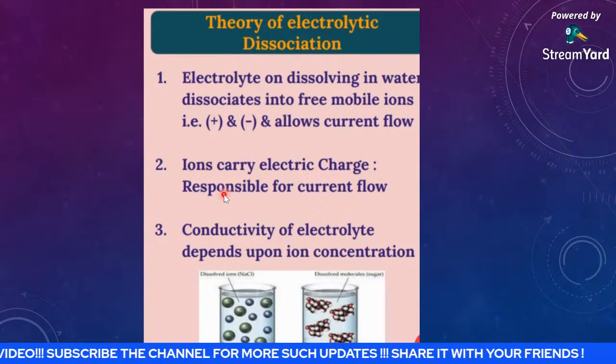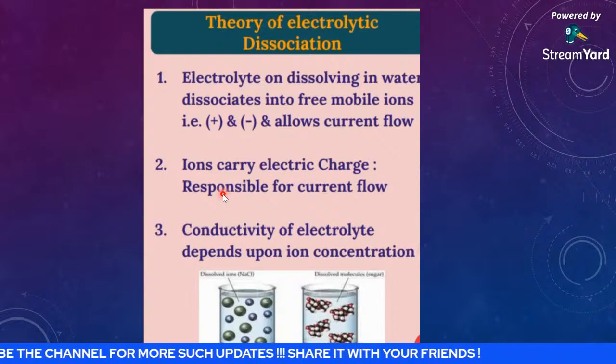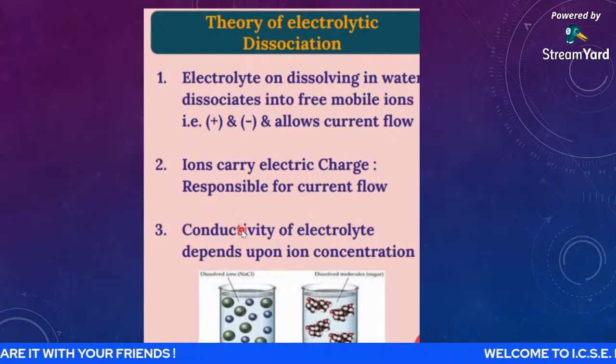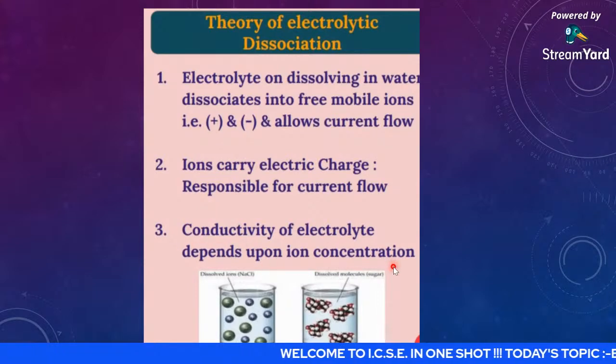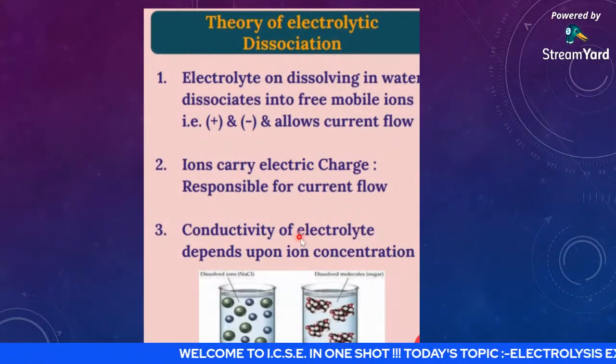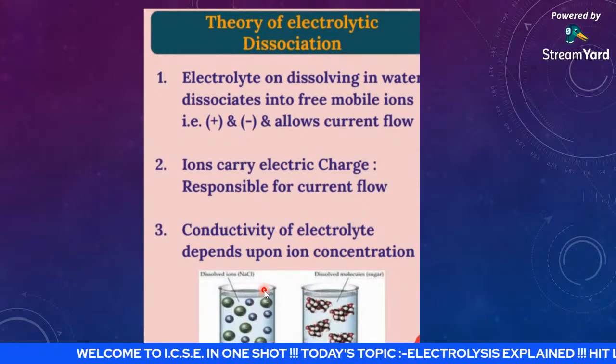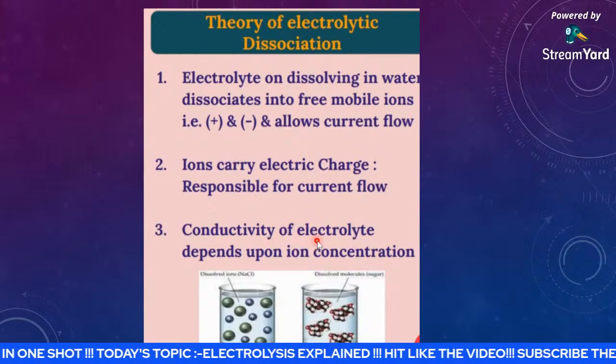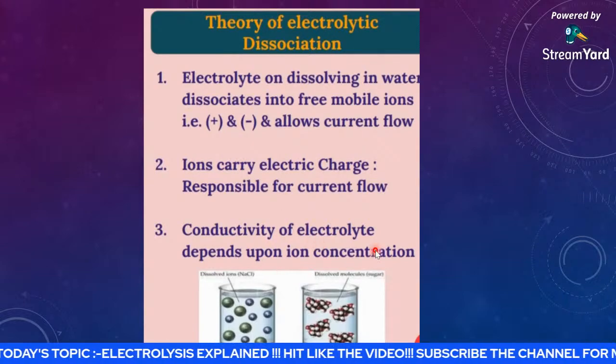Ions are the ones responsible for current flow. The conductivity of an electrolyte, how much it can conduct electricity, depends upon the ion concentration. This is very important.